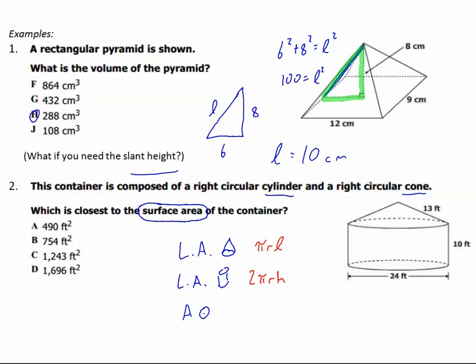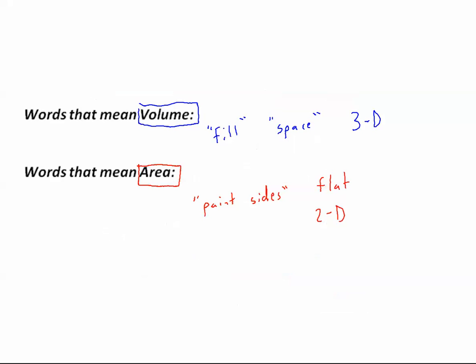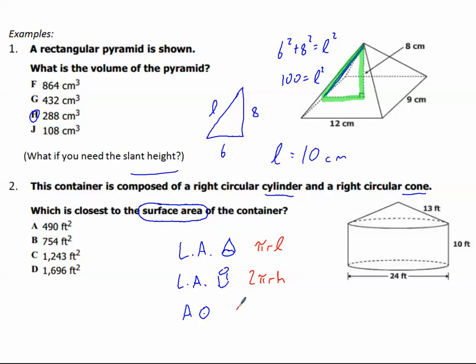Area of a circle, right here. Pi r squared. This is going to be really easy.